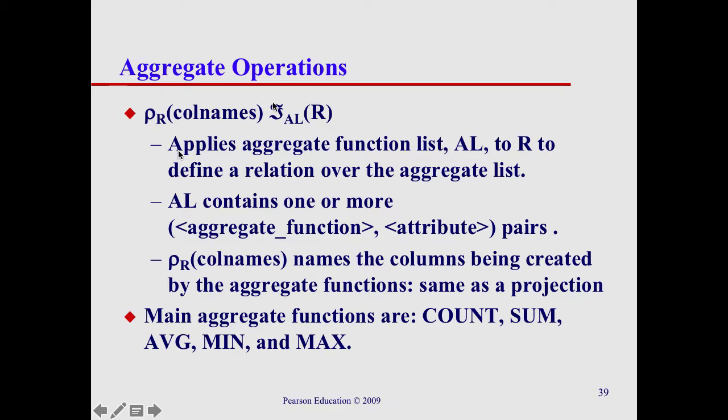So for aggregate operations, you use this tau, the strange T, Greek letter, and you list your aggregate operations down here. The AL stands for aggregate list, and it could be min, max, sum, average, or count. This is the relation you're doing the aggregated operations on, and these are the column names in the result.